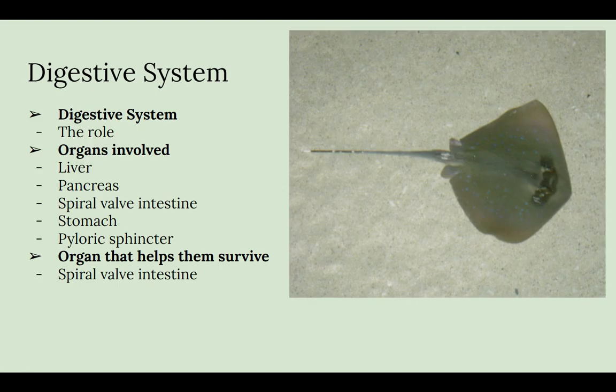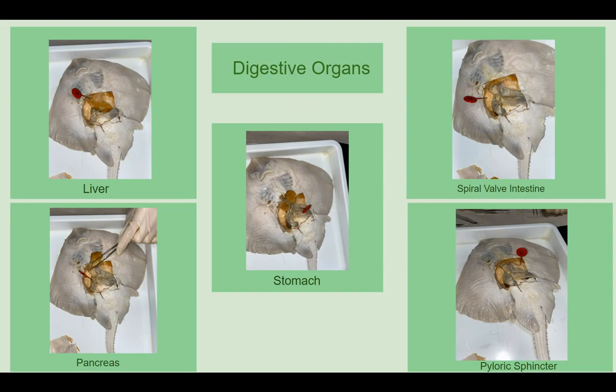And then the digestive system, the role is just to break down their food. The organs involved are the liver, pancreas, spiral valve, stomach, and pyloric sphincter. An organ that helps them survive is the spiral valve intestine. To the left is the liver, and the liver is at the top and also is under the pyloric sphincter.